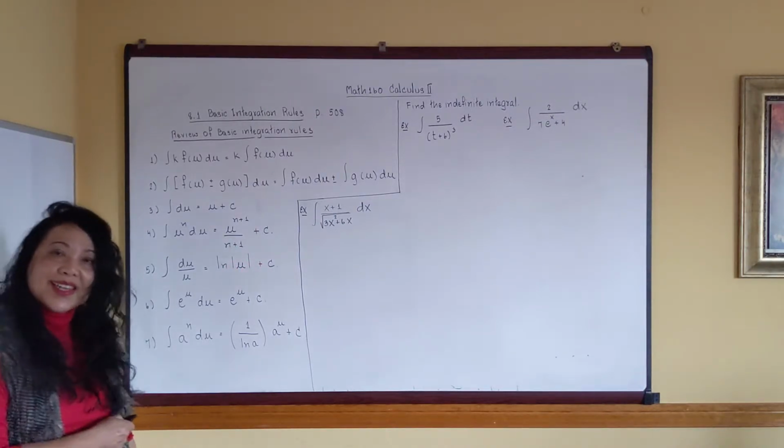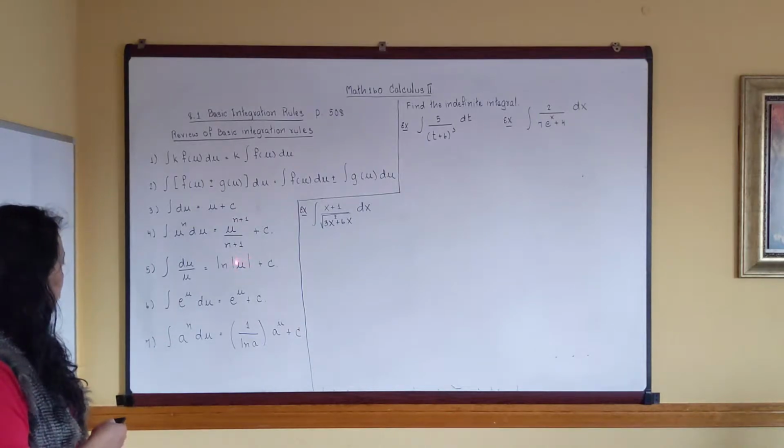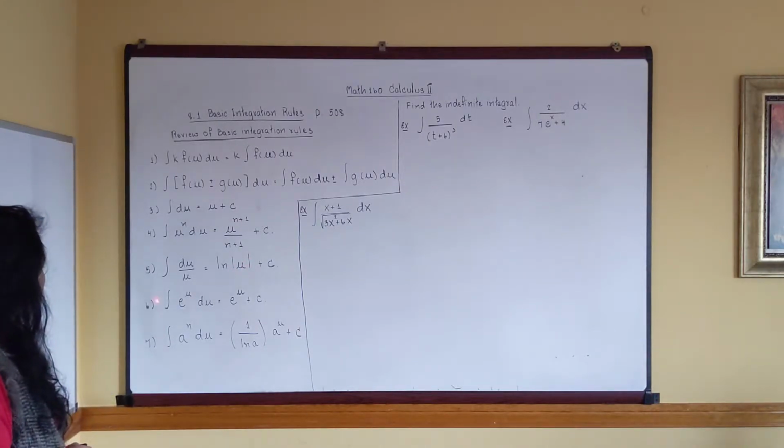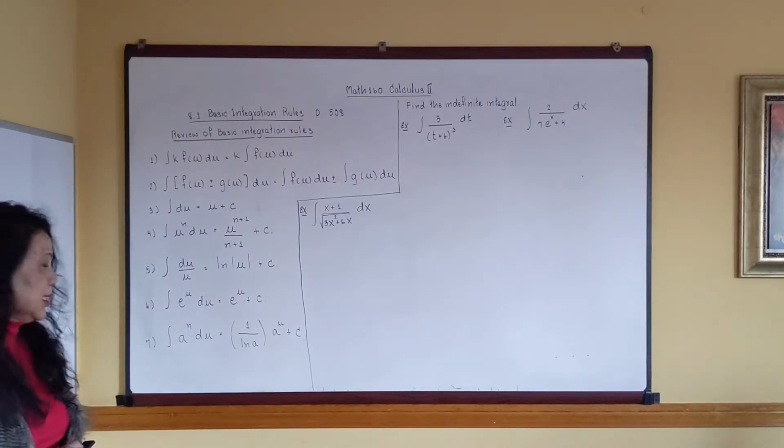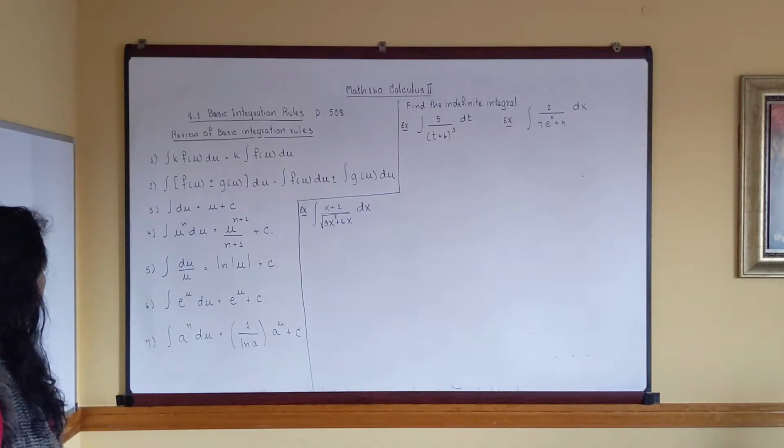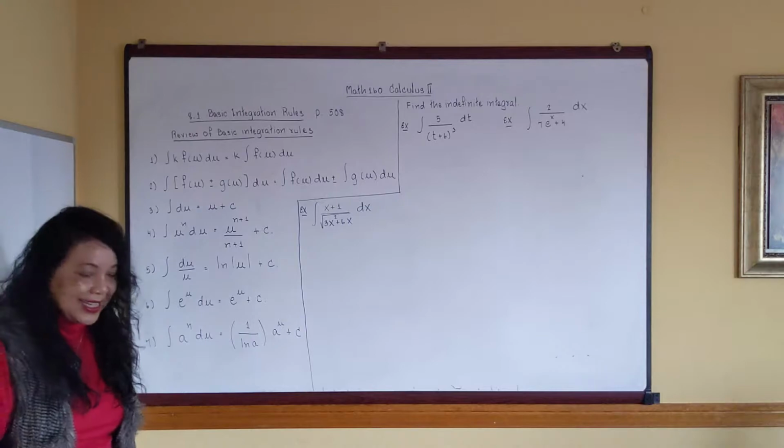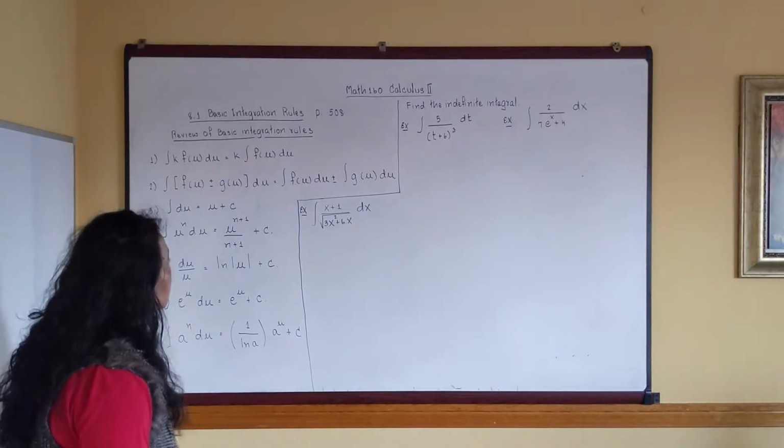Make sure you put in the absolute value because you want to make sure it's positive. Number 6, an integral of e to the u du is equal to e to the u plus c. Number 7, an integral of a to the u du is equal to 1 over ln a times a to the u plus c. So let's look at our examples here.